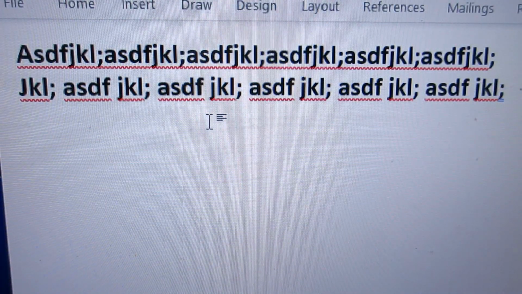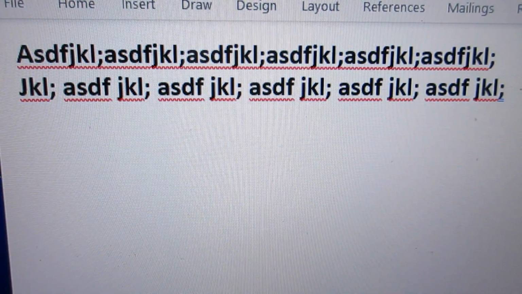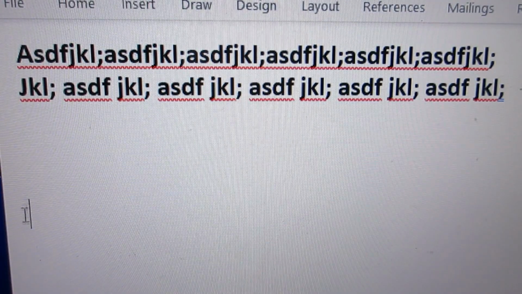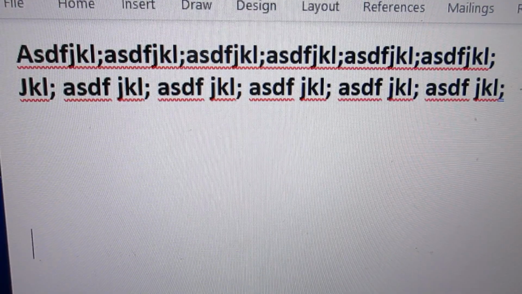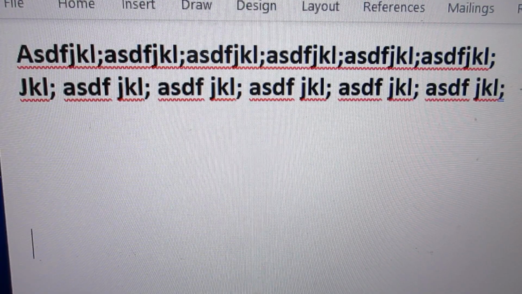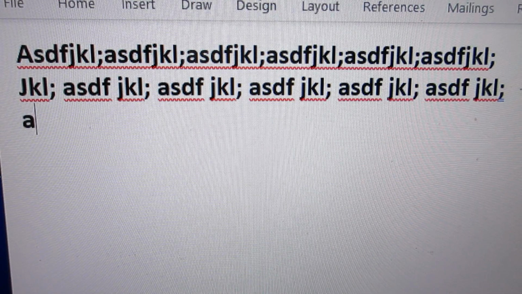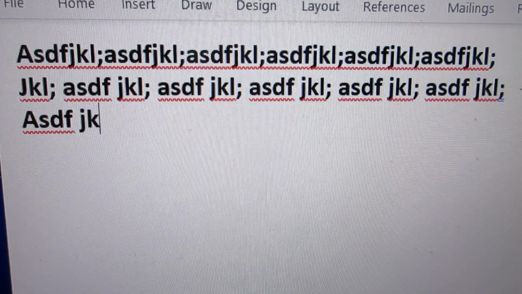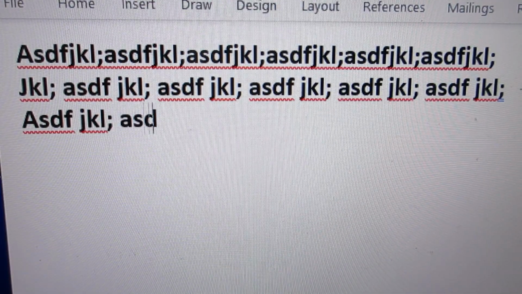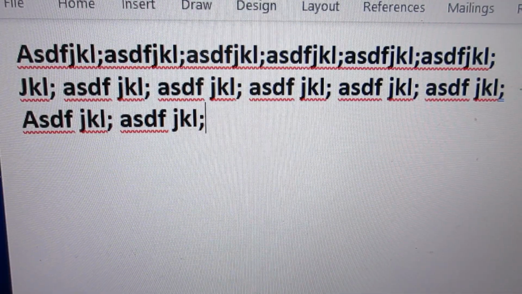So let's try the enter key. You can see this is moving to a new line. Okay, so let's try that. Type A, S, D, F, space bar, J, K, L, semicolon, space bar, A, S, D, F, space bar, J, K, L, semicolon, enter key.